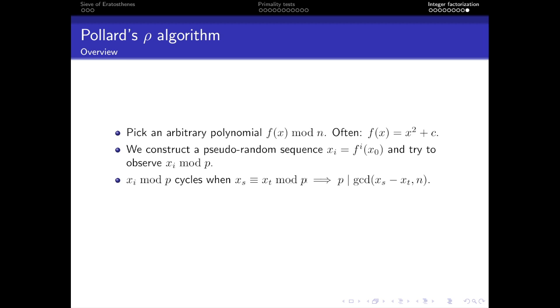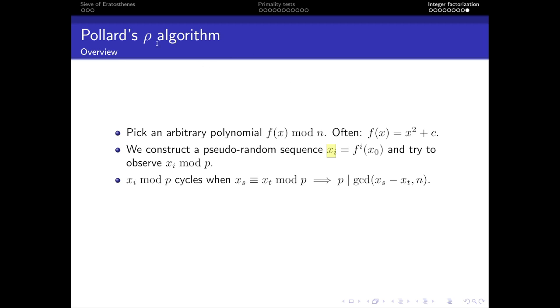The only case where this is not true is if the sequence x sub i mod p and x sub i cycle at the same time, because that means x sub s and x sub t in our original sequence will end up being in the same position, meaning they'll have the same value as well. And I'd like to interject for a moment here and explain why I'm referring to position.